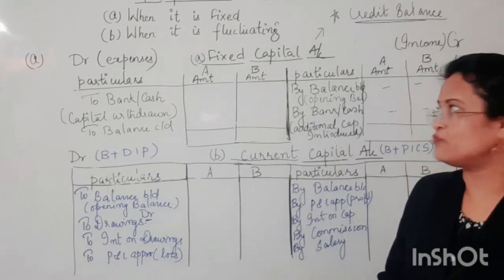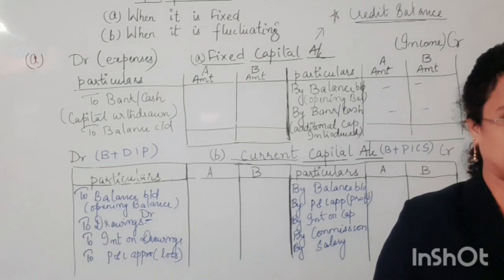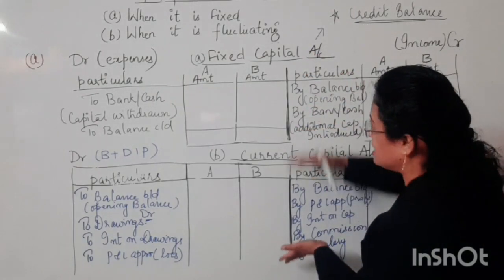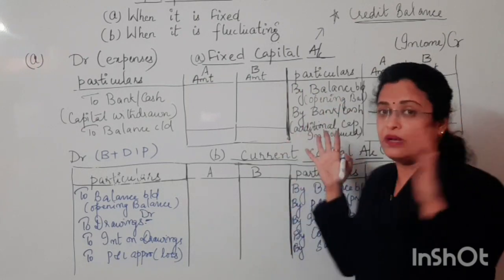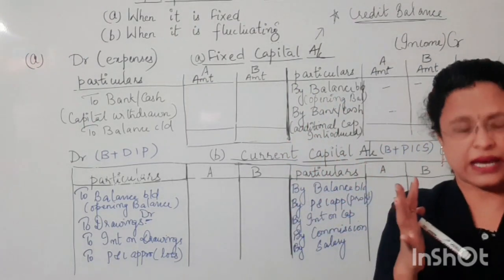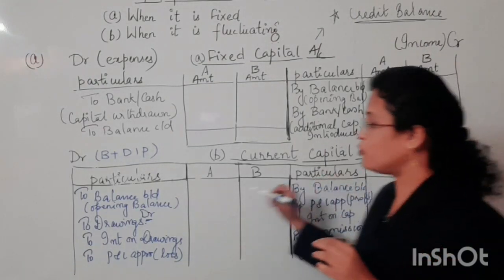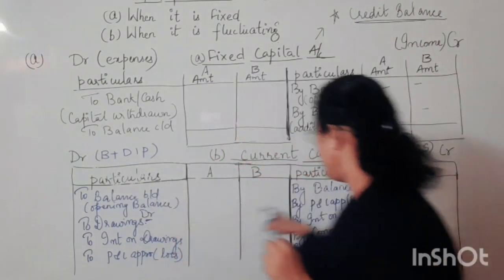Okay, when it is fluctuating, in such a situation, nothing as such we will be doing here. The fluctuating partners capital account is the combination of these two. When we merge the fixed capital account and the current one, except adding this balance, this opening balance won't be counted in that.